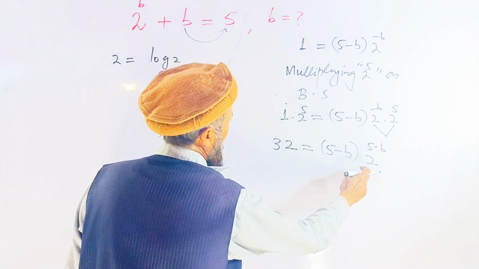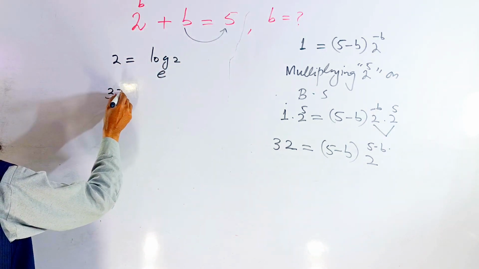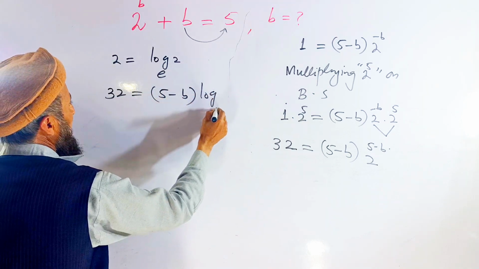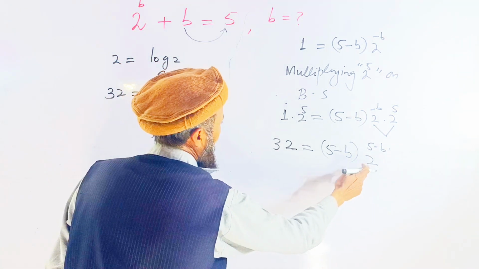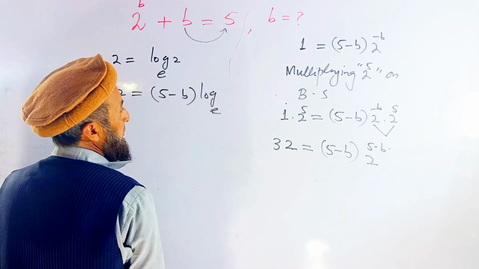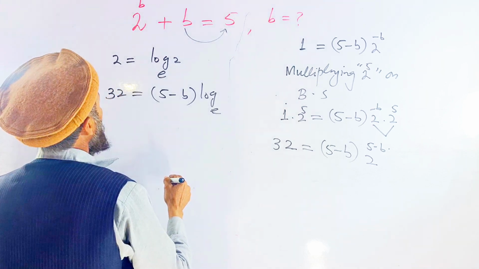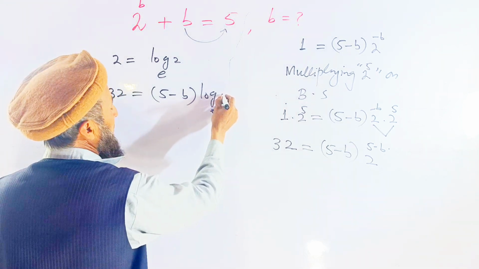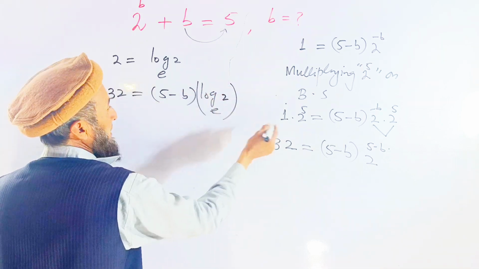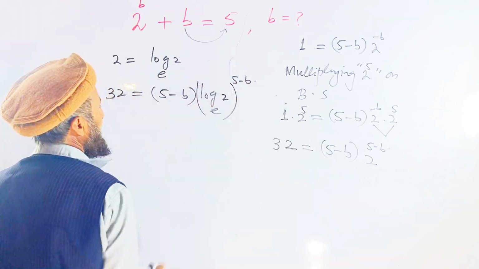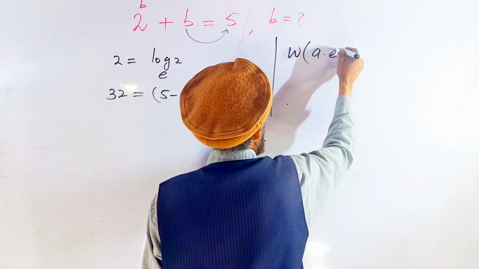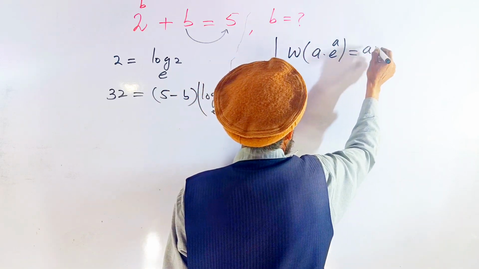Here we apply this in place of 2 in 32 is equal to 5 minus b into 2 exponent 5 minus b, so we put log base e of 2. For the Lambert W function, W of a e exponent a, we get a.